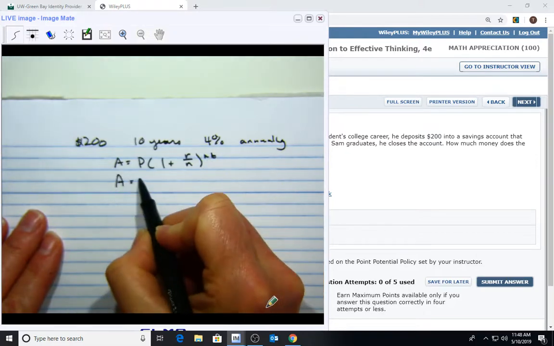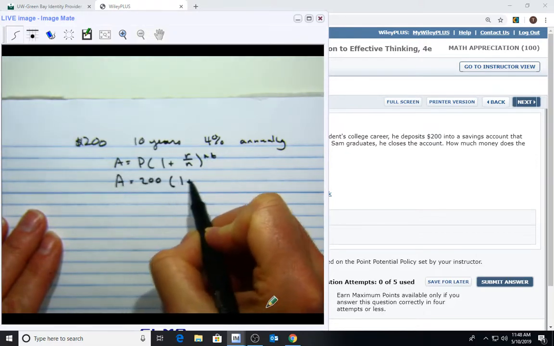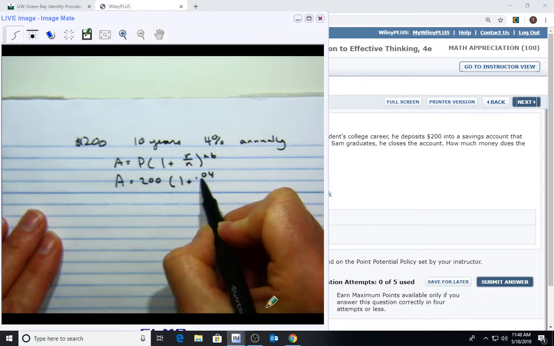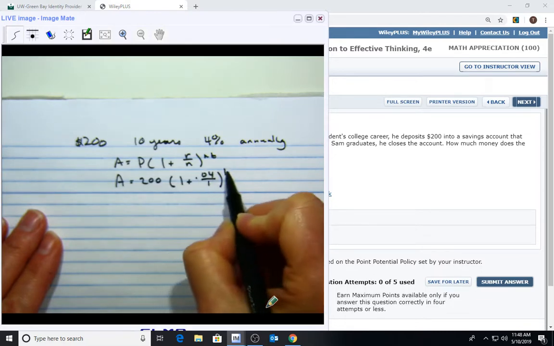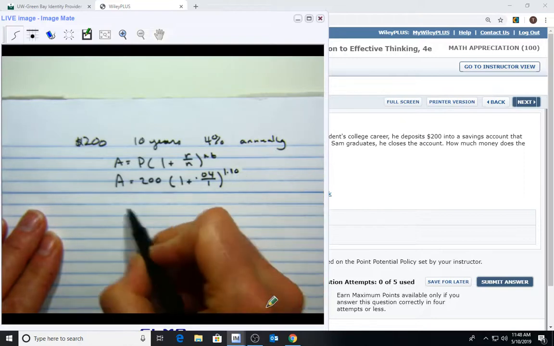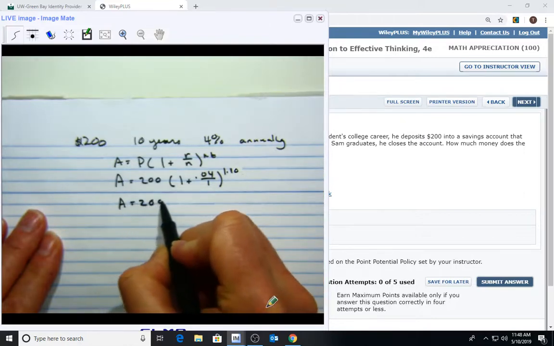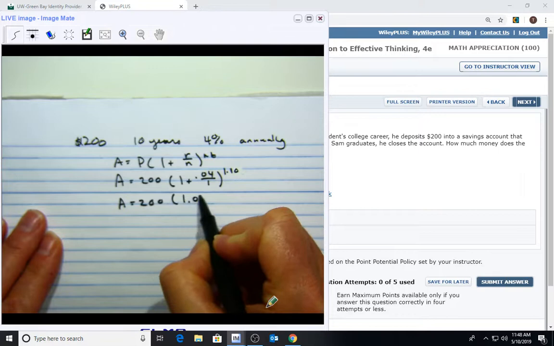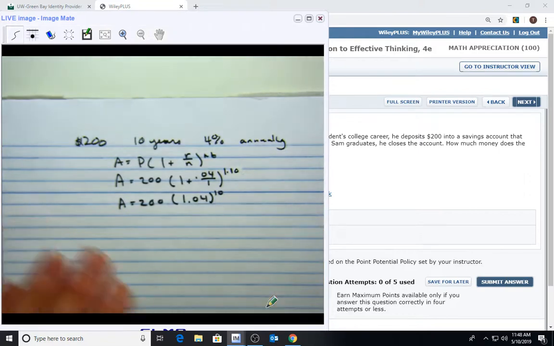So we're going to find the final amount. $200 is the initial amount. The rate is 0.04. Compounding one time per year for 10 years, not 4 years. So we're just going to be adding 0.04 to the 1 and then raising that to the 10th power.